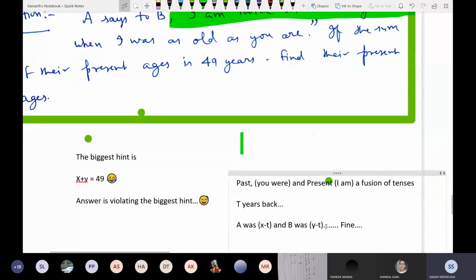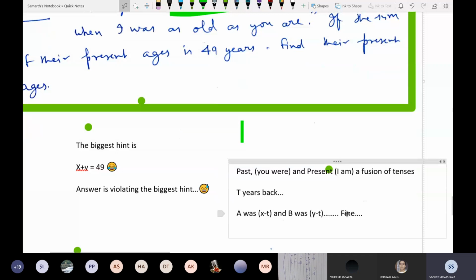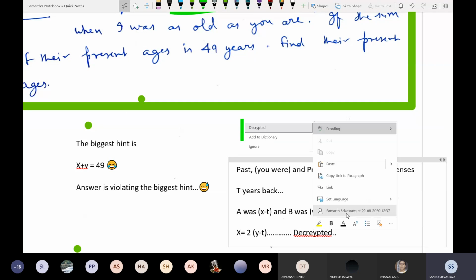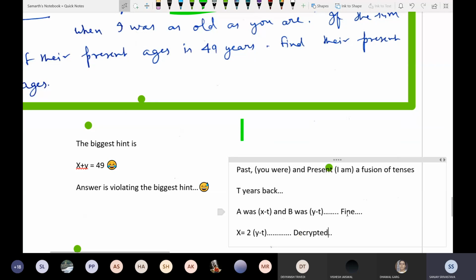As old as you were means Y minus T, the past age of B, T years back. I have taken that unknown time as T. So X is equal to 2 times Y minus T. This is one equation.